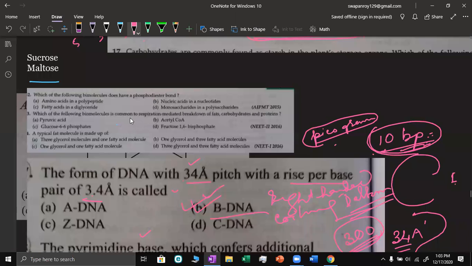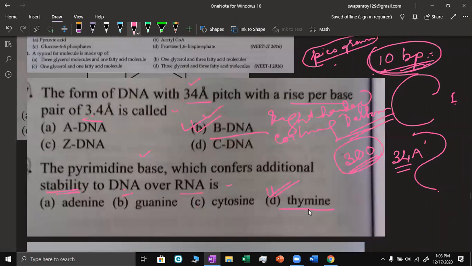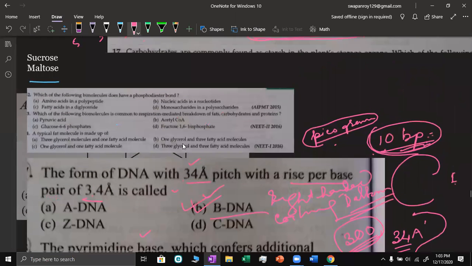One question still remains, but it's time. You can see some questions are there. This is of course NEET 2016, one question.